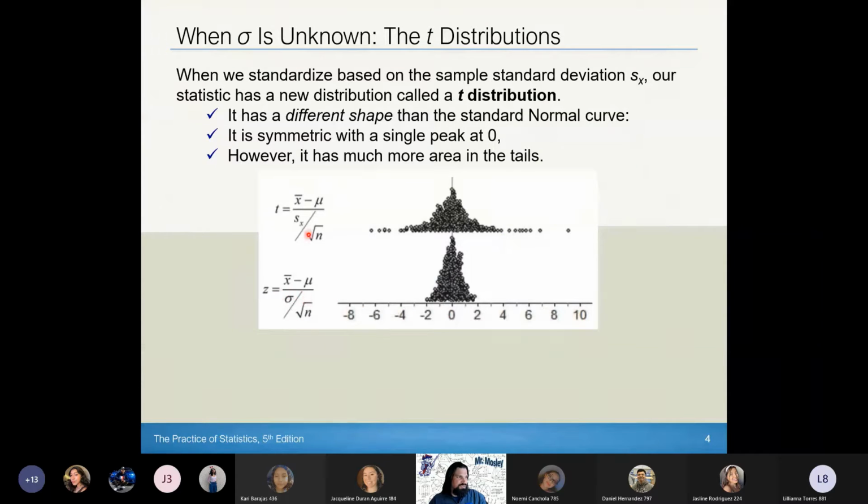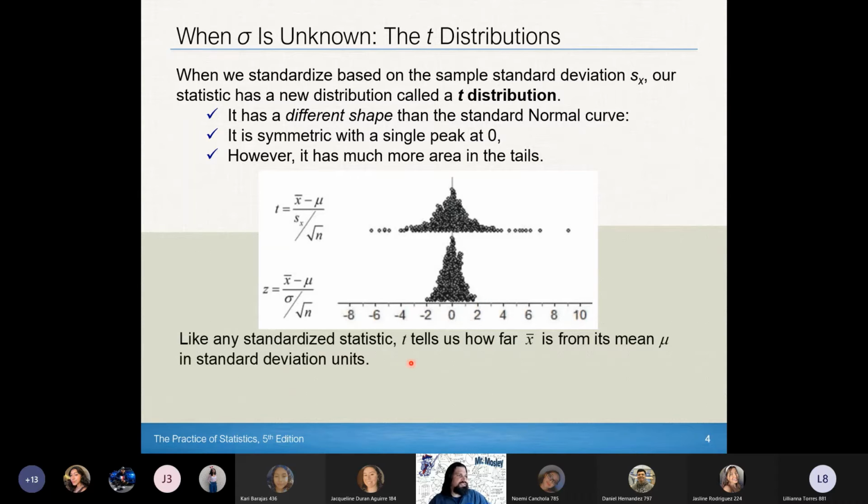The only difference is sigma versus S sub x, but we notice that the t distribution is much more spread out, a little bit squattier, with a lot more variance. The z-score is much taller and much less varied. And this is what it means by there's more area in the tails as we go off to the right or to the left. There's a lot more left on those edges than down here.